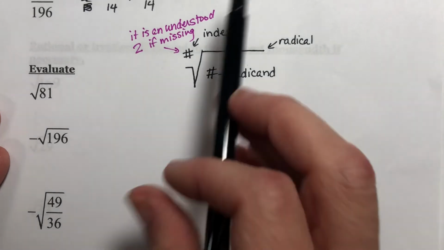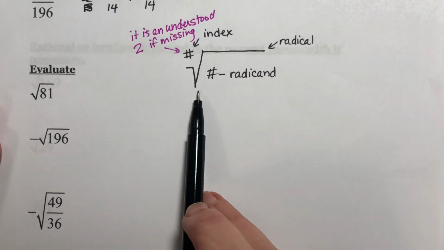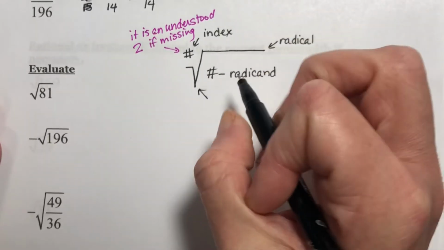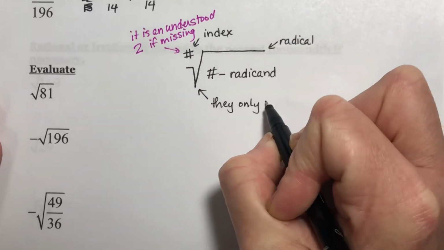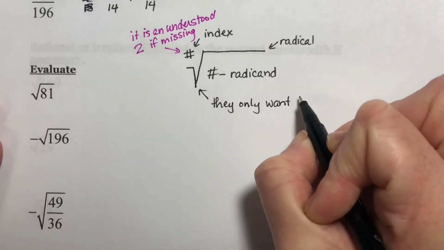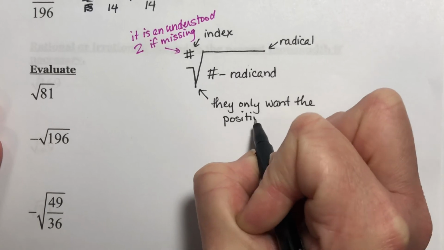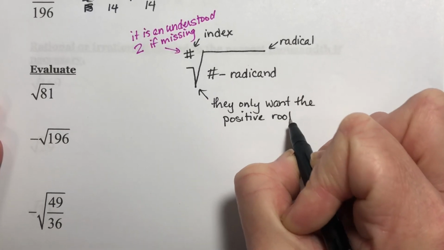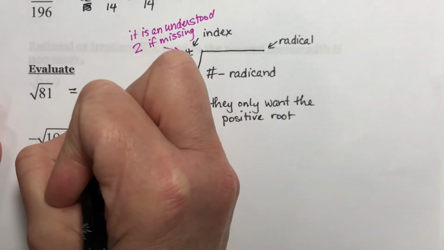Now, the other thing about a radicand is if you see this sign, they only want the positive answer. Okay, so if I'm asked for the square root of 81, then the answer is going to be 9.